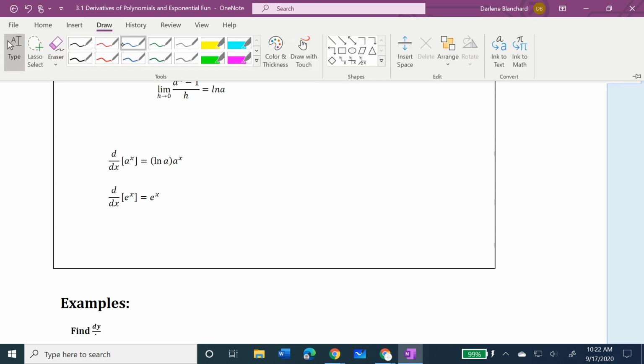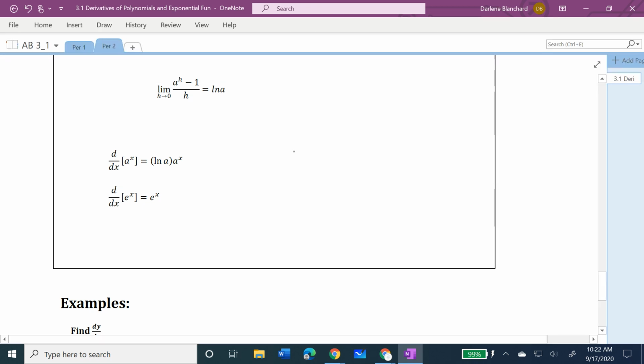If I compare two functions, let's take 5 to the x versus x to the 5th. What is the first derivative of 5 to the x power? The first derivative of 5 to the x.